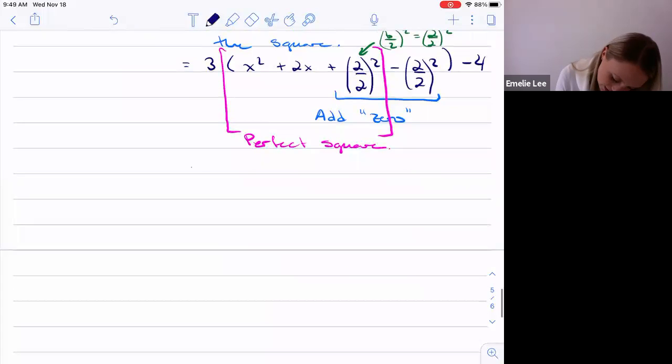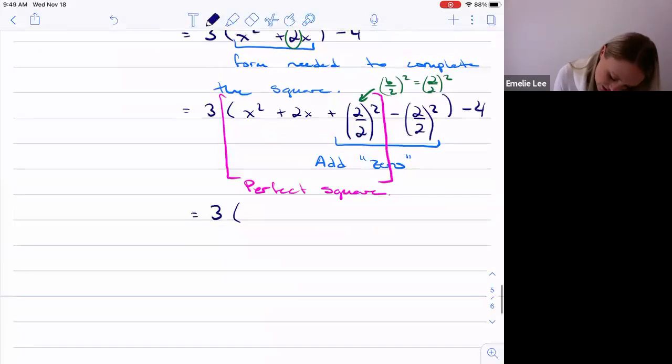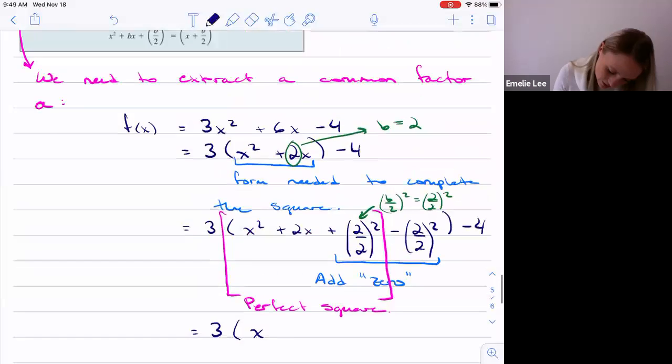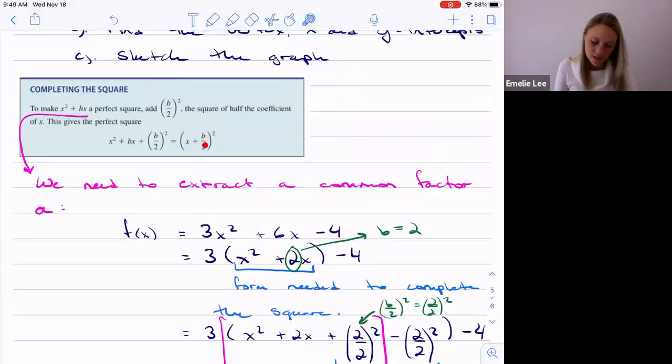So what we have is 3 times, and then our perfect square, which is going to be x, and I'm going to refer to this here, right? X plus b over 2, so b is 2 in this case, 2 over 2 squared. I'm showing that I have 2 over 2, so I'm not simplifying it to 1 because I don't want it to disappear for you guys when you're looking back at these notes.